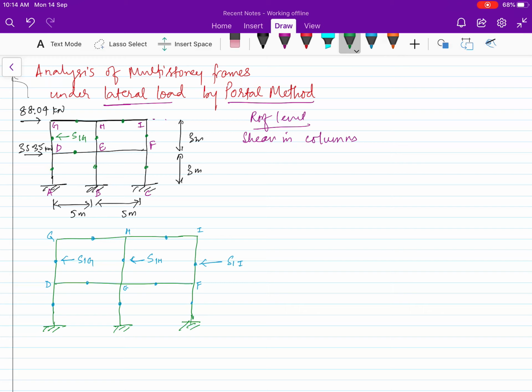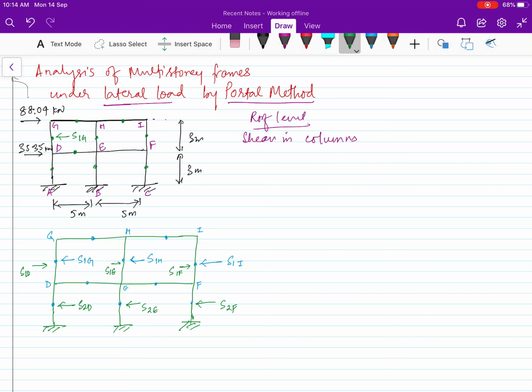For the second story, I'll put S1D because this is D, and here S2D. For this column, this will be S1E and this S2E shear. This we are going to calculate now. S1F and on this side S2F.